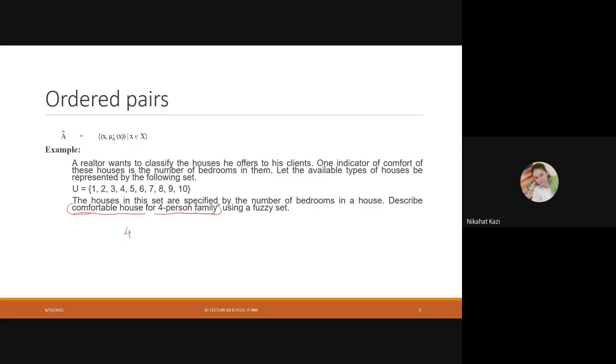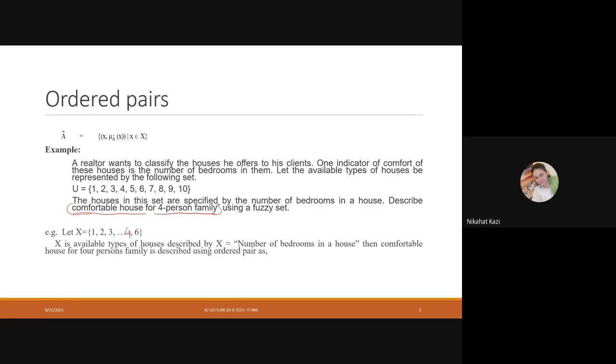So depending on that, you can model your fuzzy set using the ordered pairs notation. What you're doing is taking the number of bedrooms in the house, and maybe beyond 6 you say the membership is 0.